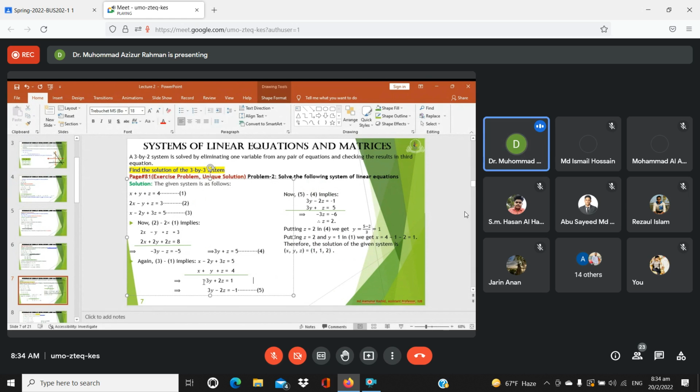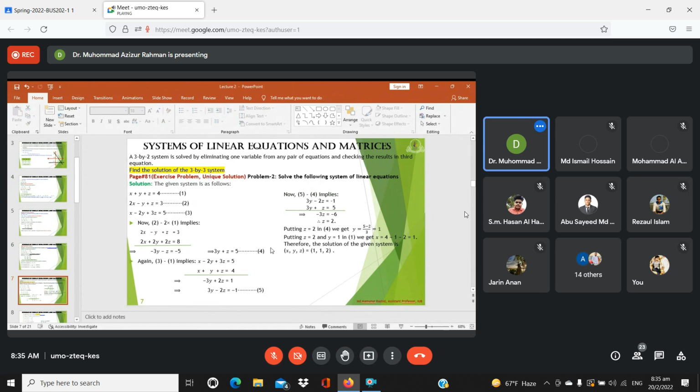If you multiply by minus 1 on both sides, you will get 3y minus 2z equals minus 1. So this is your another equation, equation number 5.